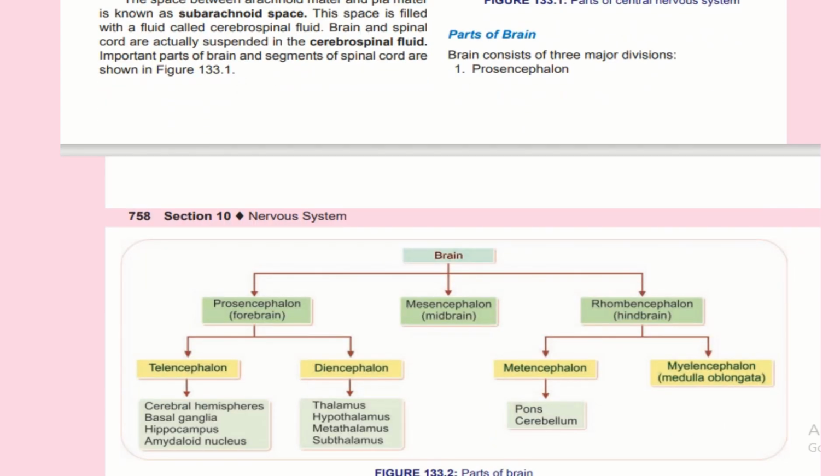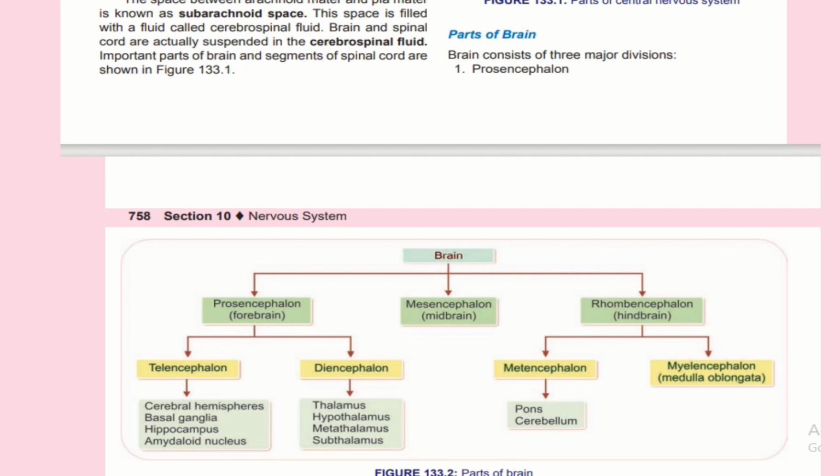Brain consists of three major divisions, which are prosencephalon, mesencephalon, and rhombencephalon. Prosencephalon is your forebrain, mesencephalon is the midbrain, and rhombencephalon is the hindbrain. Prosencephalon is further divided into two parts, telencephalon and diencephalon.